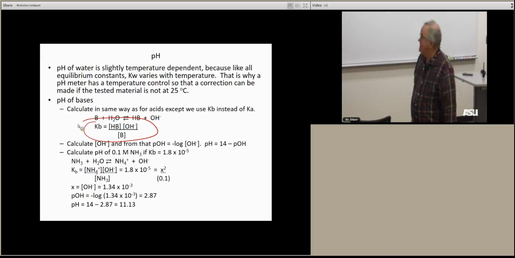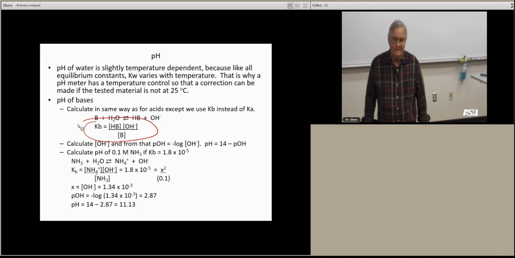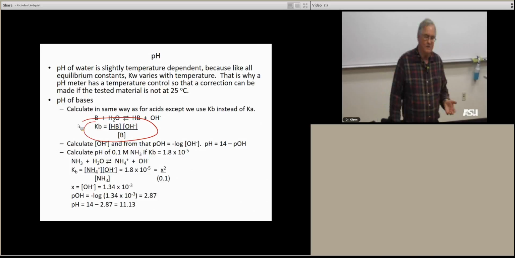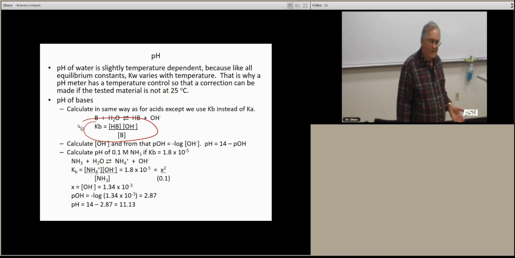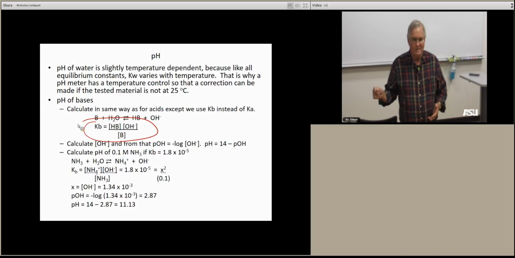For example, ammonia has a Kb of 1.8 times 10 to the minus 5. I'll plug that in for Kb, and the concentration of ammonia is 0.1 molar. So X squared divided by 0.1 equals 1.8 times 10 to the minus 5.